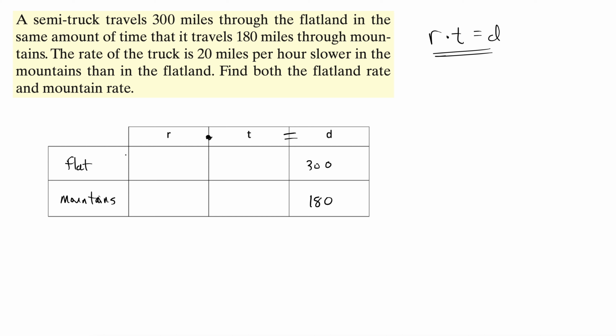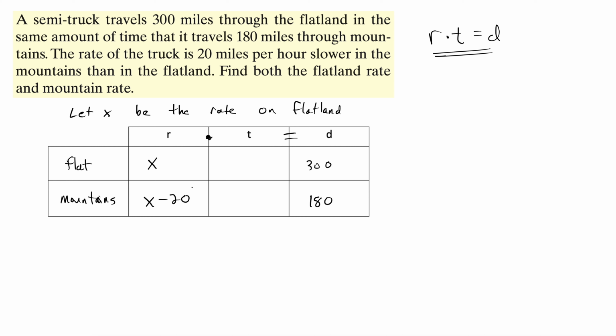So let x be the rate of the truck on the flatland. Now it says the rate of the truck is 20 miles per hour slower in the mountains, so x minus 20.